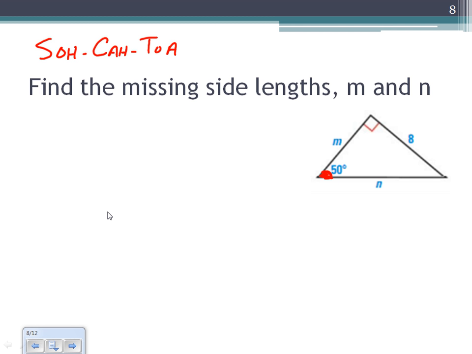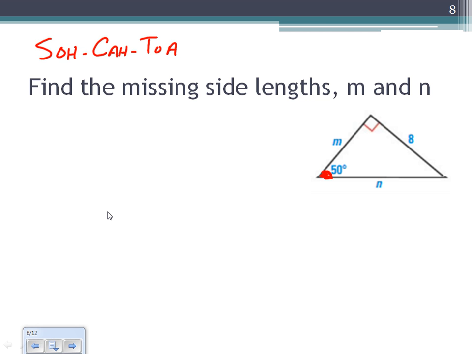What is the 8 going to be, Brian? Why? What does adjacent mean? What did I do earlier with Ernest? Is 50 degrees next to the 8?